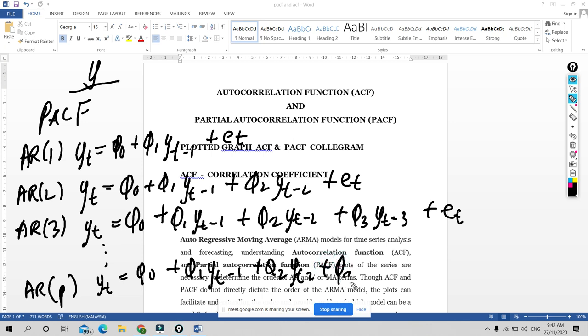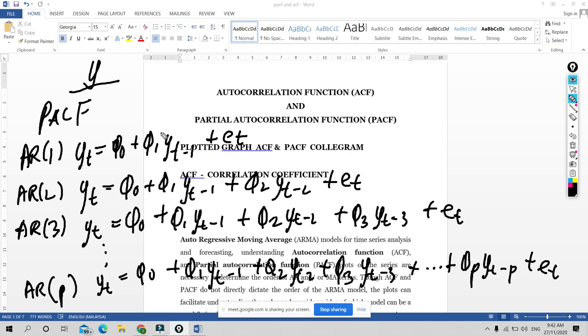For lag 3, even though we have phi 1, phi 2, phi 3, partial means we take only a certain part, so we take only phi 3 as our coefficient. And then for ARP, we just take phi p as your coefficient.